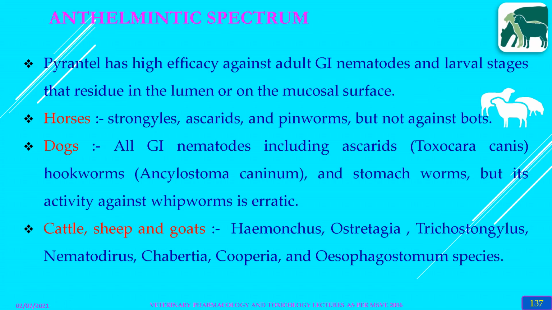In dogs, it covers all GI nematodes, including the ascarids, especially Toxocara canis, then Ancylostoma caninum. So these are the important ascarid worms or roundworms, hookworms, and stomach worms.